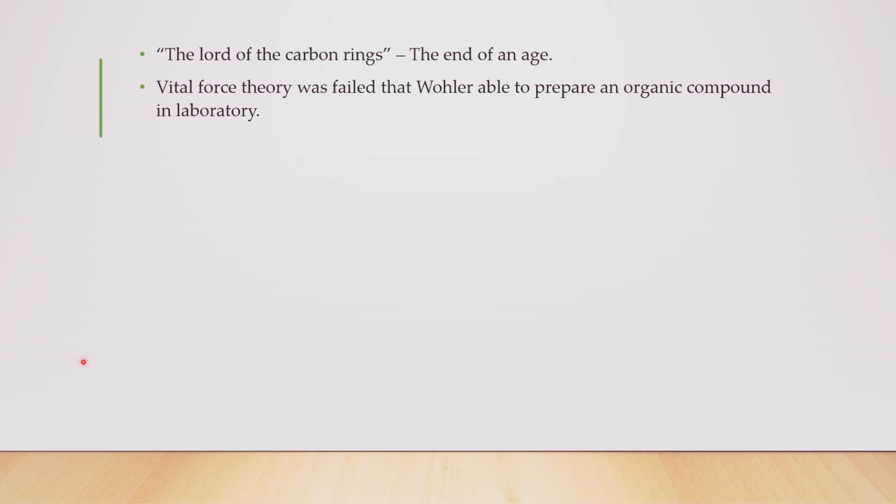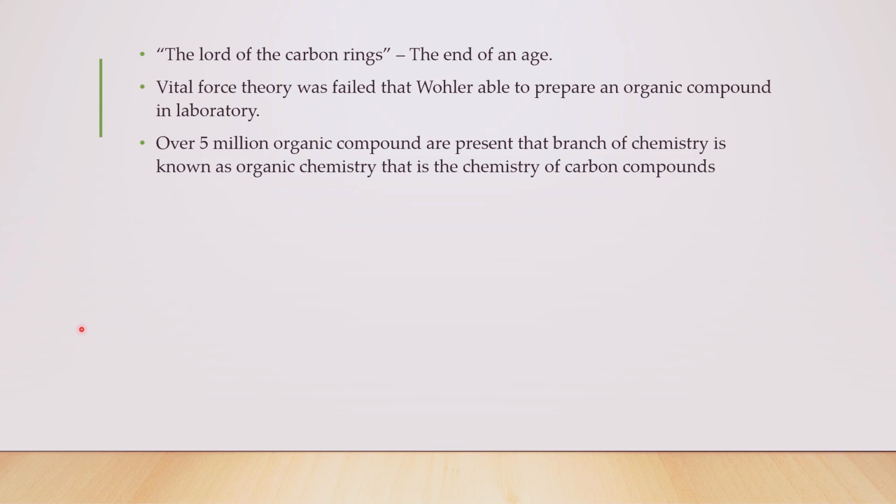And then nowadays over 5 million organic compounds are present, and the study of these organic compounds, or the branch of chemistry, is known as organic chemistry. Organic chemistry is nothing but the study of carbon compounds. Now let us see examples of organic compounds present in our day-to-day life.